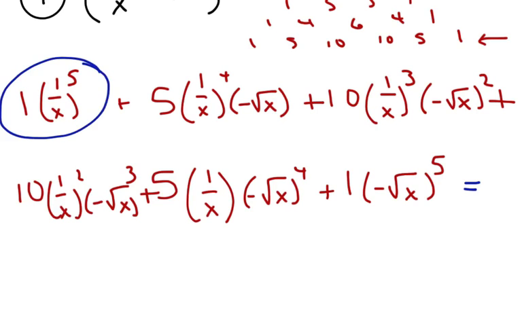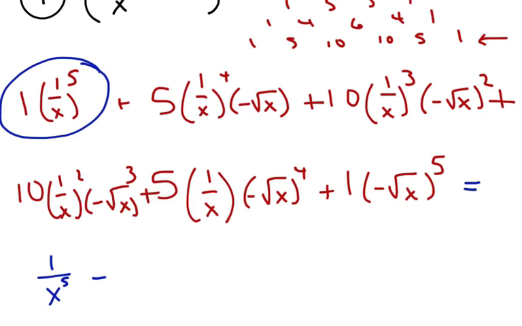So this 1 times 1 over x to the 5th power is 1 over x to the 5th. Remember 1 to the 5th is 1, so I just leave the numerator as 1, and I put the x to the 5th in the bottom. Actually, it's not plus for the next one, it's minus, because you're multiplying times negative square root of x.